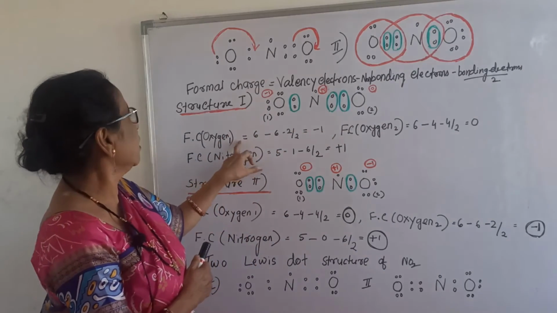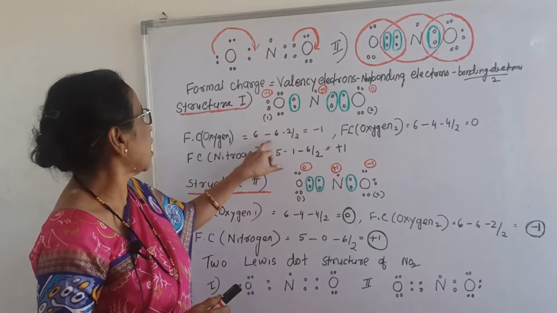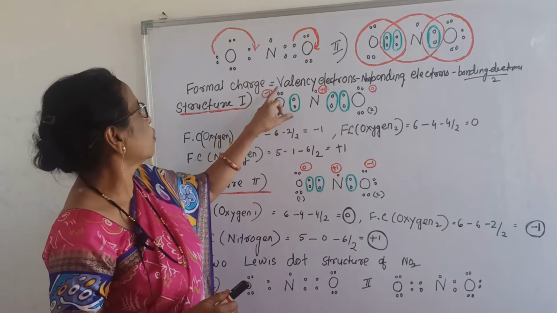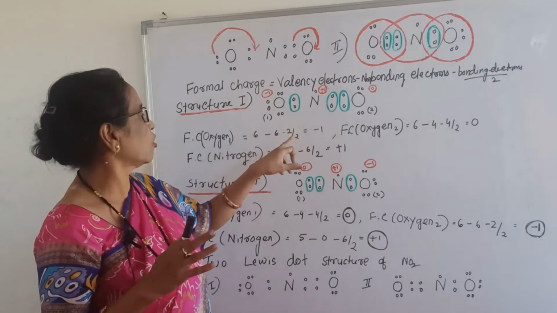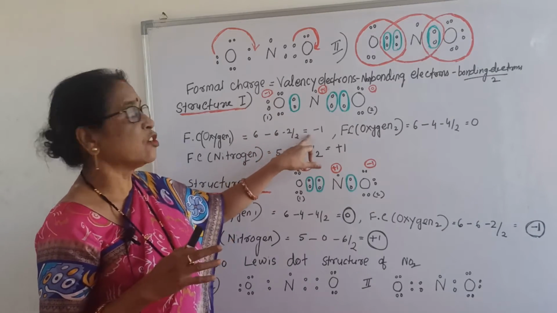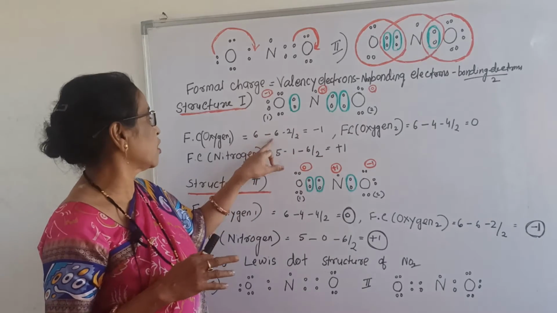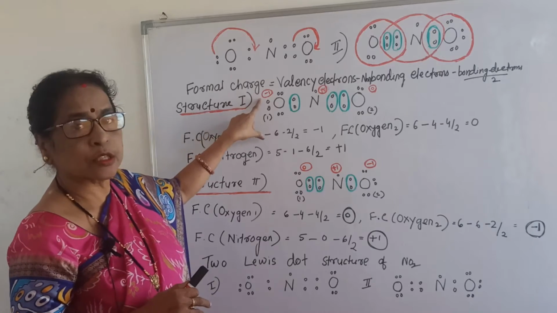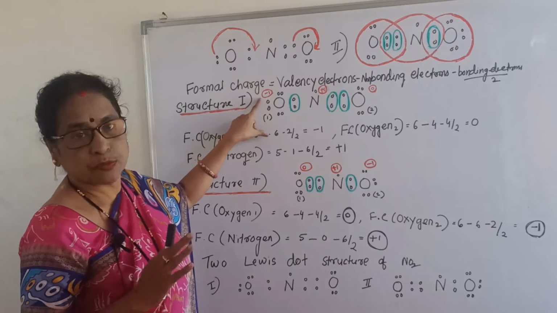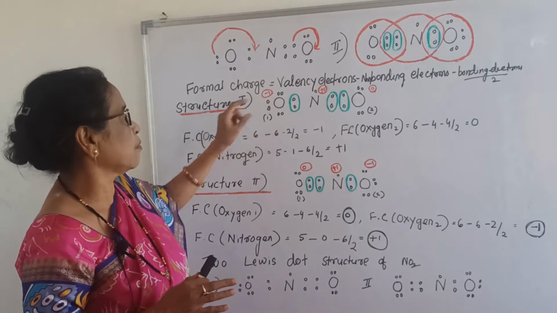For oxygen 1, 6 is the valence electrons, minus non-bonding electrons 6, minus only one bonding pair, that is 2, 2 by 2. The result is 6 minus 6 minus 2 by 2, that is minus 1.